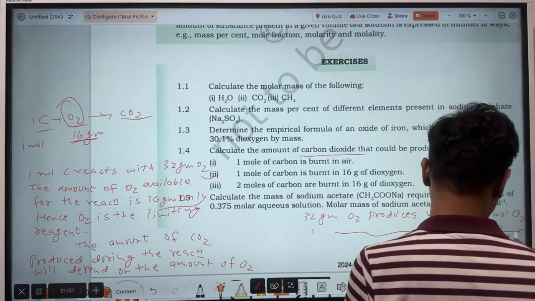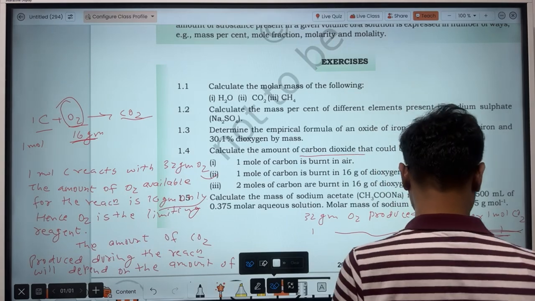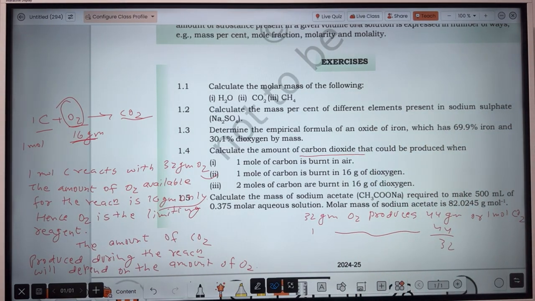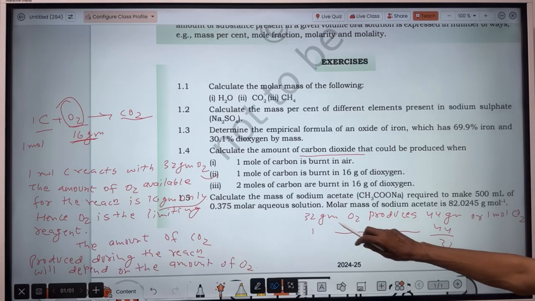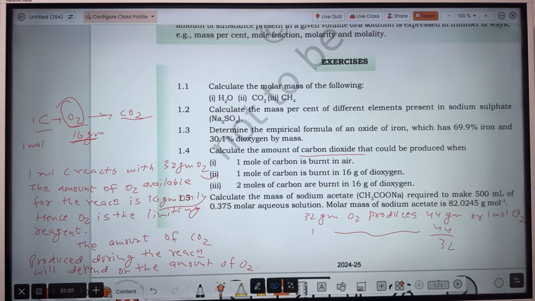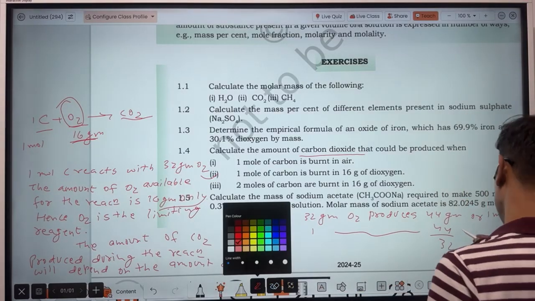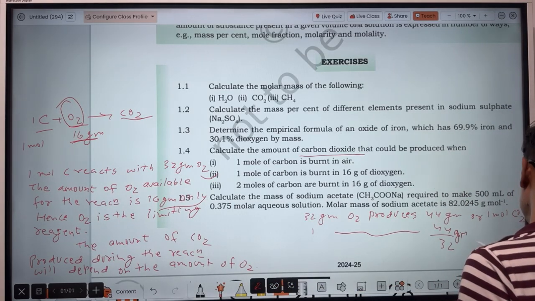Or you may write 1 upon 32, in terms of mole, that means in terms of weight it is this much. So 16 gram will produce how much?